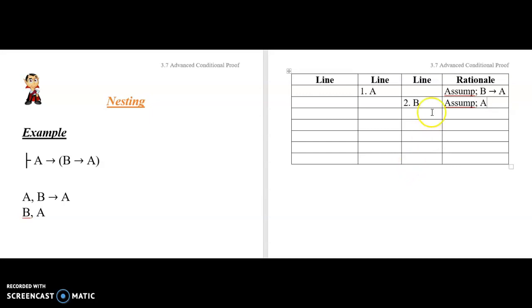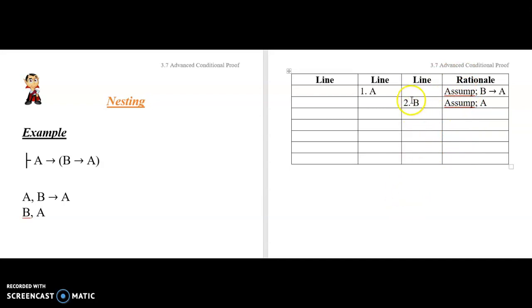Now, you're familiar with the idea of using multiple assumptions. For example, when we use conditional proof to prove a biconditional, you use CP twice, once to get each conditional, the left to right direction and the right to left direction. That's similar to here in the sense that you're using conditional proof twice.